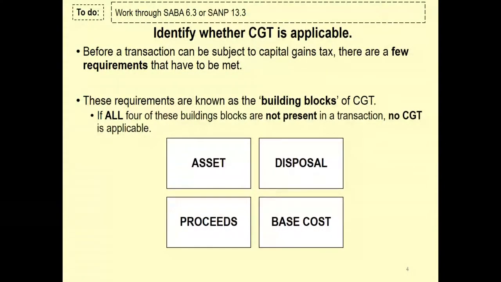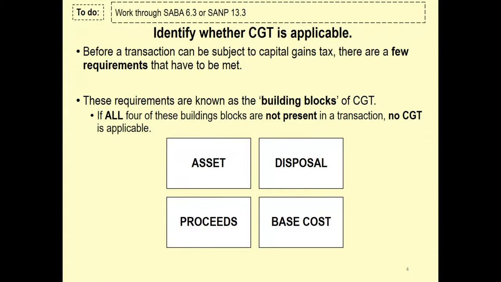Great. Right. Then if we go further, before a transaction can be subject to capital gains tax, we have to have what is known as the 4 building blocks of CGT, because if any of these 4 requirements are not present, then there's no capital gains tax that will be applicable, and they are simply asset, disposal, proceeds, base cost.